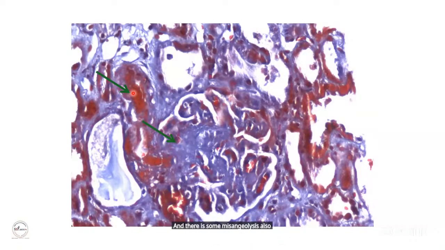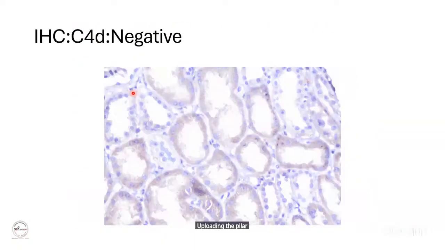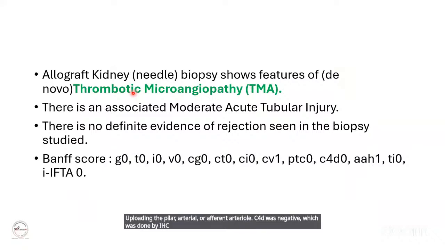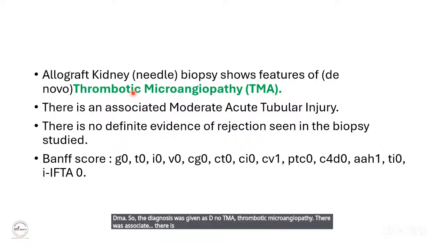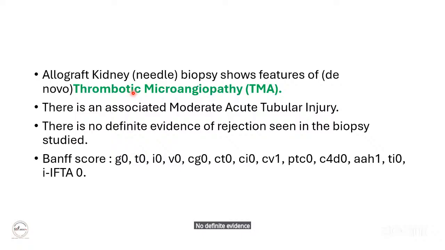So this was a fibrin thrombus occluding the hilar or afferent arteriole. C4d was negative, done by IHC. There was no history of native kidney disease showing any HUS or TMA. So the diagnosis was given as de novo TMA, thrombotic microangiopathy. There is associated moderate acute tubular injury. No definite evidence of rejection seen in the biopsy study.